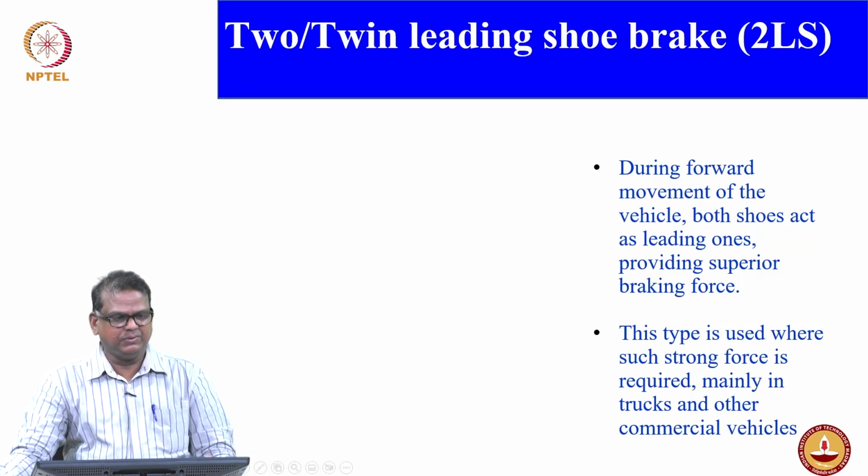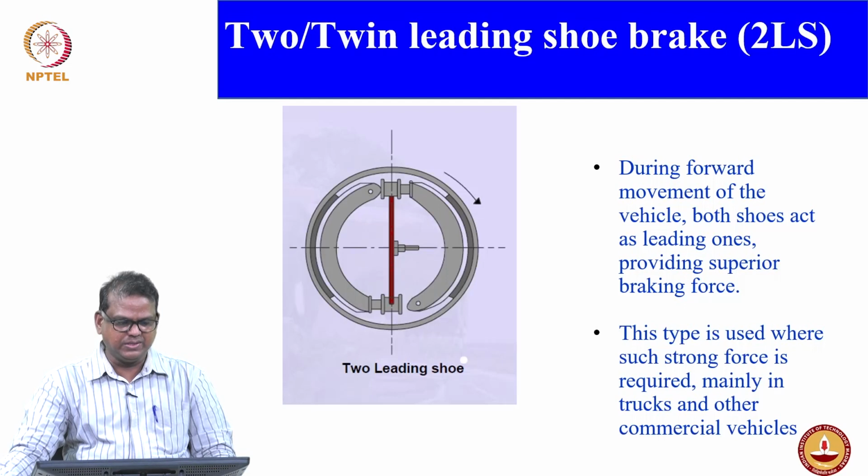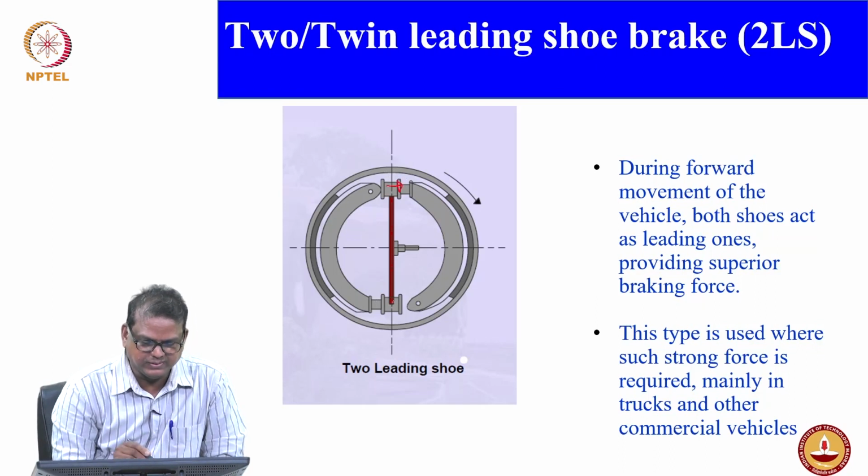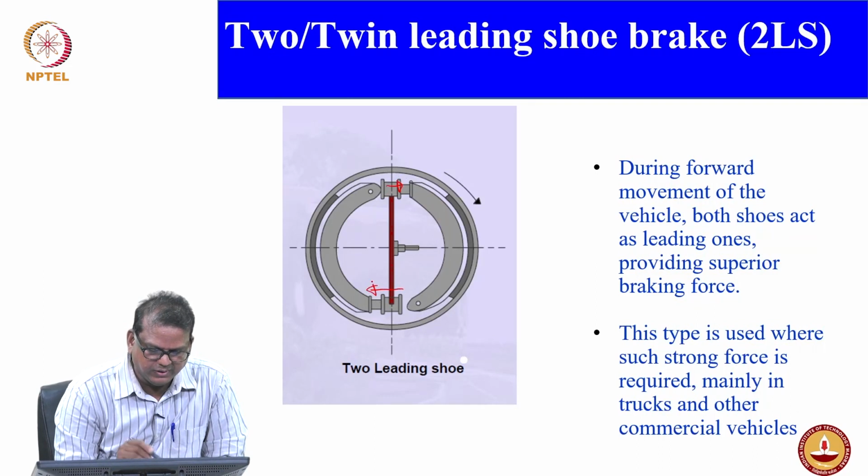Now we are talking about the two leading or twin leading brake system. You can see that we have two wheel cylinders. When one force is acting from one wheel cylinder, the other wheel cylinder acts the other way. So what do you expect?